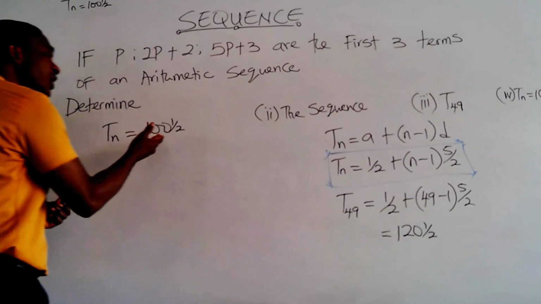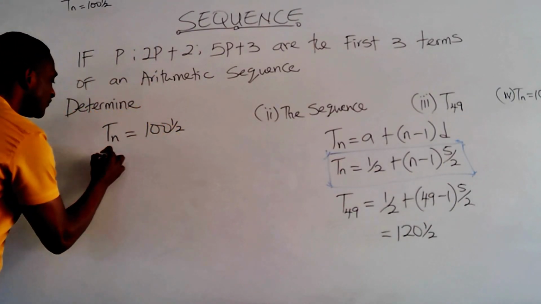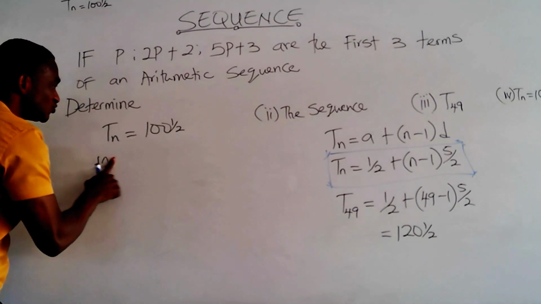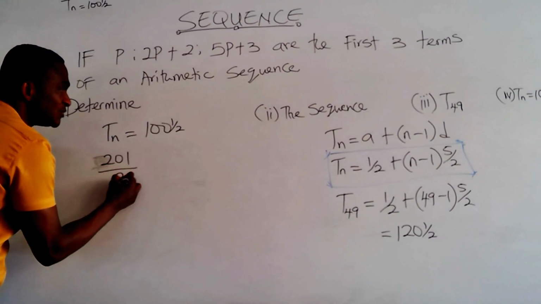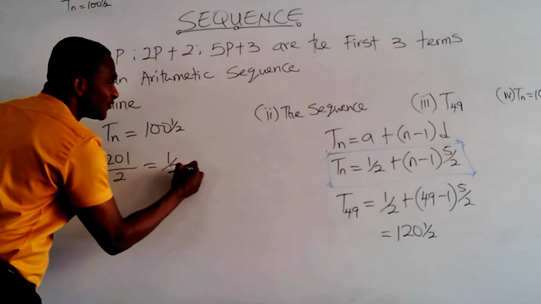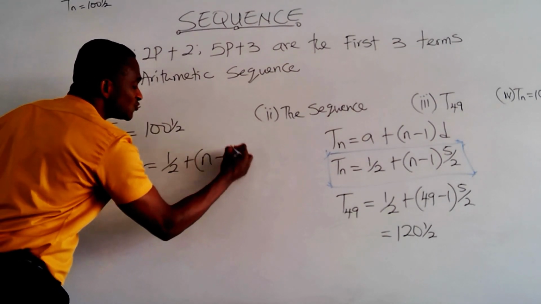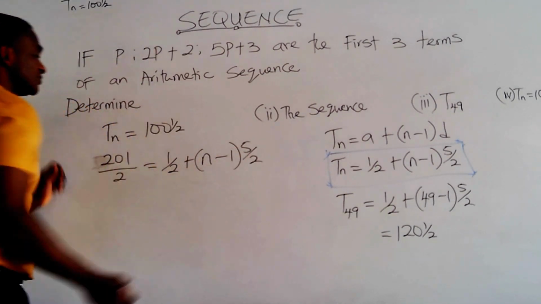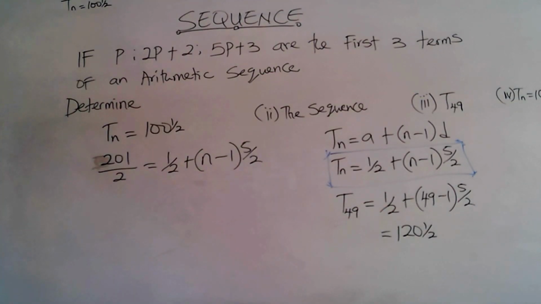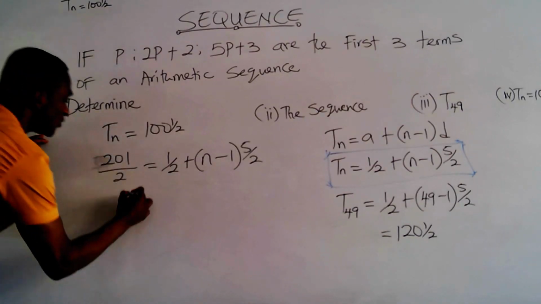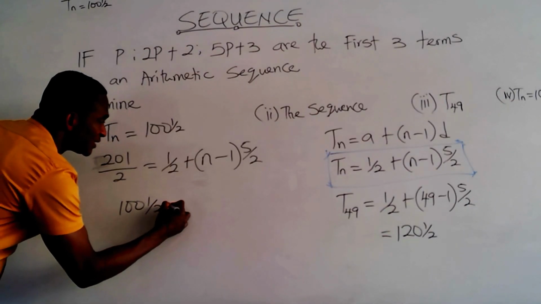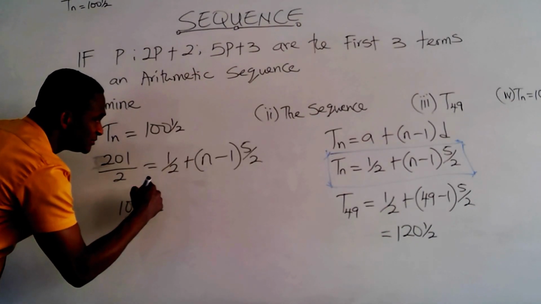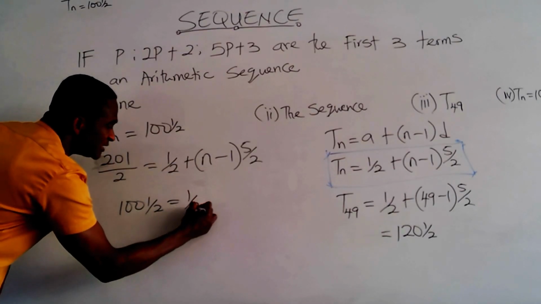What do we do? Plug in 100 and a half for Tn. So 201 over 2 equals half plus (n minus 1) times 5 over 2. This is what we now simplify to get the answer. Let's simplify this before collecting like terms.